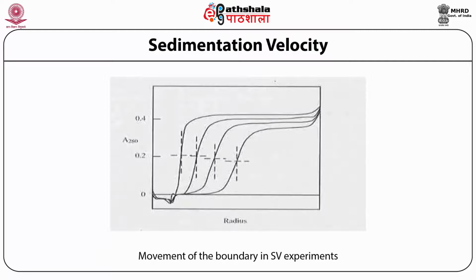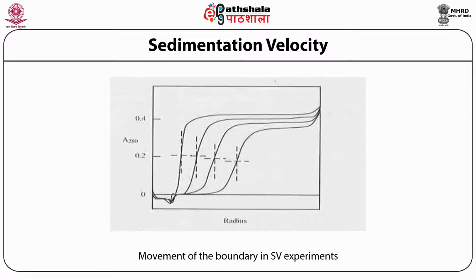Now you can see in the figure that the velocity of an individual particle in the sedimentation velocity experiment cannot be resolved, but the rate of movement of the boundary region can be measured. From this, the sedimentation coefficient can be determined.